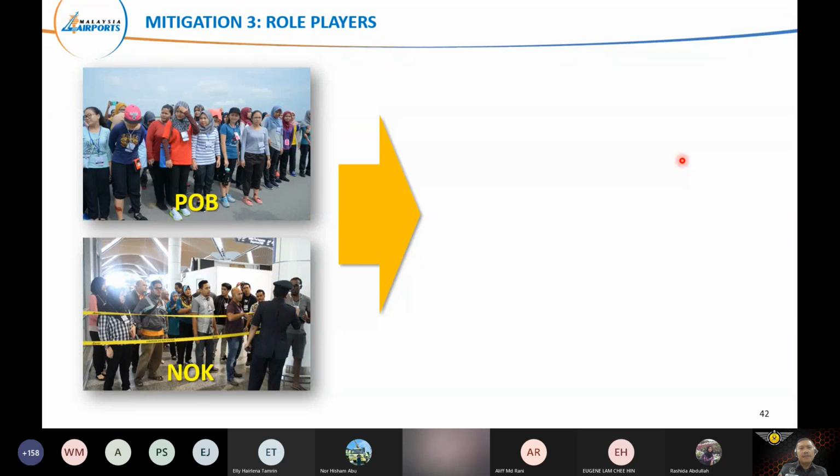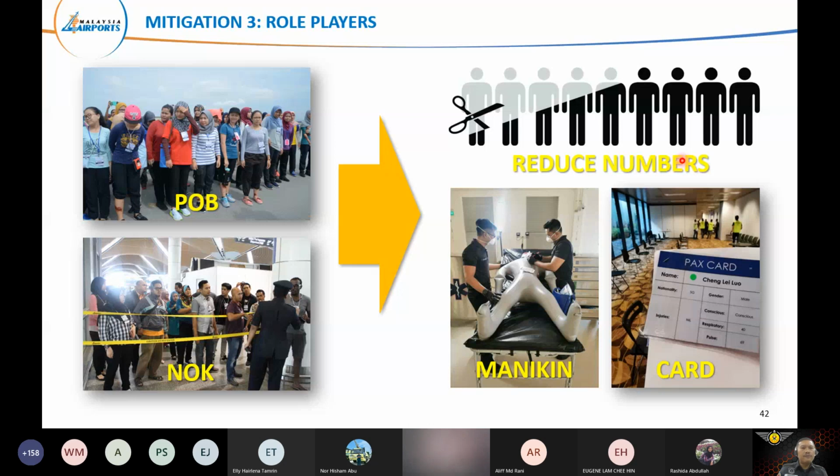The third mitigation option: normally we have so many role players, pelakon, in Malay. These role players will play the role of persons on board, normally as casualties as well as next of kin or family. So what we can do is reduce the number of role players. Normally in KLIA, our role players for POB are around 200 packs.